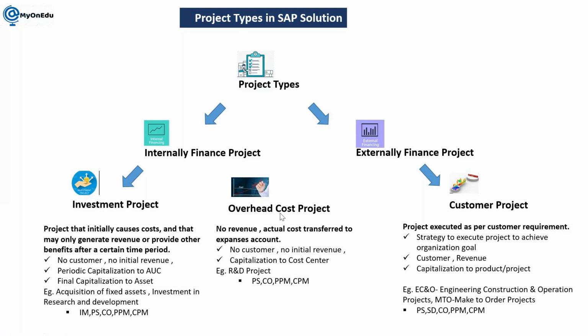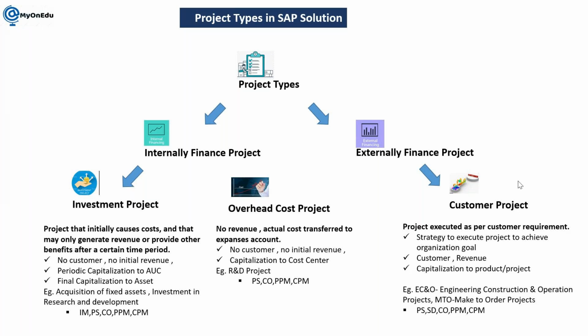So in this course, we'll start with the process of an investment project first. Then in the last stage I'll explain the steps we need to follow in the cost project. Once we cover these two scenarios, we'll go to the customer project, where we will understand how the RFQ, request for quotation, comes from the customer and how we manage it within the project system also.